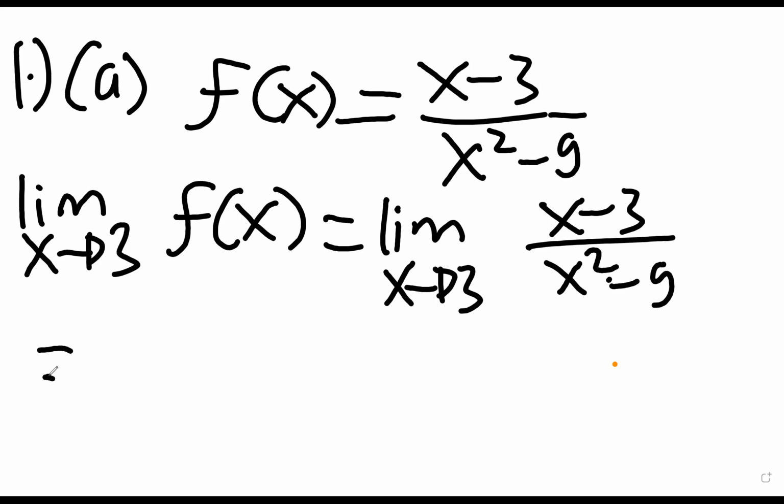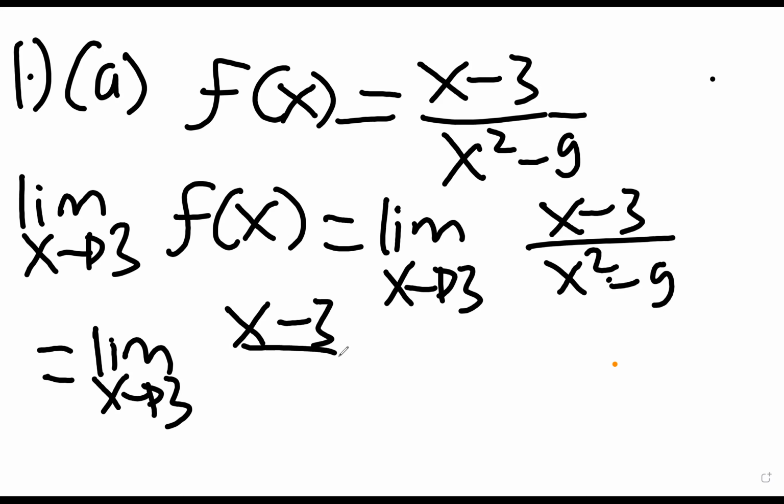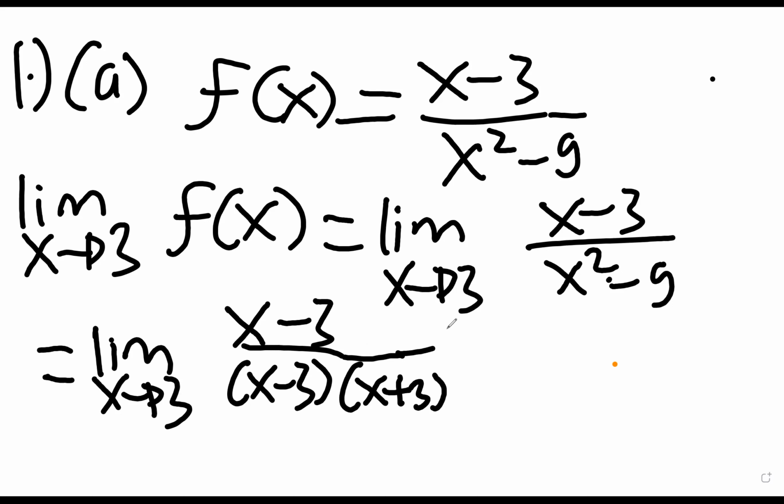So actually, I can divide x squared minus 9 there by x minus 3. To be precise, I will write it as limit x tends to 3 of x minus 3 divided by x minus 3 multiplied by x plus 3. Since x tends to 3 means x minus 3 is non-zero, x minus 3 divided by x minus 3 is 1.